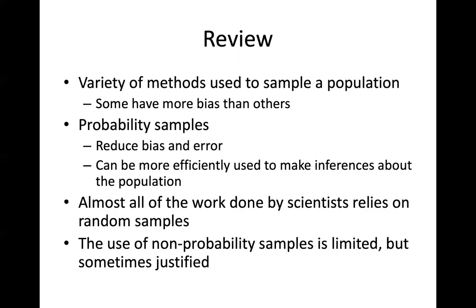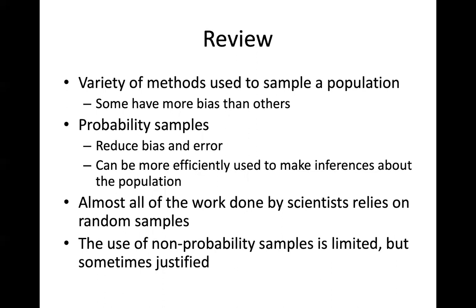Okay. So there are a variety of ways to obtain a sample. Some have more bias than others. And if we talked about measurement before, you'll see that even measurement has bias in it. Every sampling procedure has the potential to introduce more bias.